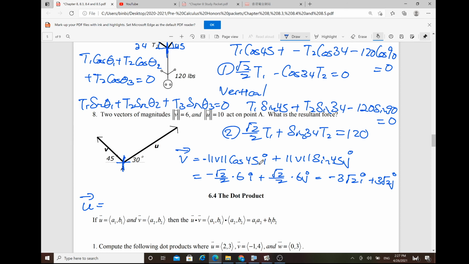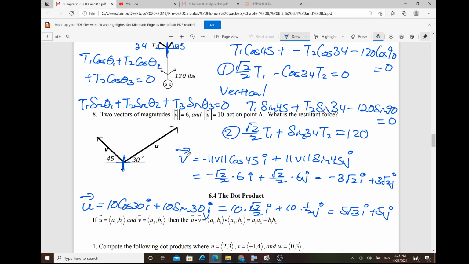This one is just 10 times cosine of 30 i plus 10 times sine of 30 j, excuse me, the vertical component. Cosine of 30 is root 3 over 2, sine of 30 is 1/2. So what we got here is 5 root 3 i plus 5j.